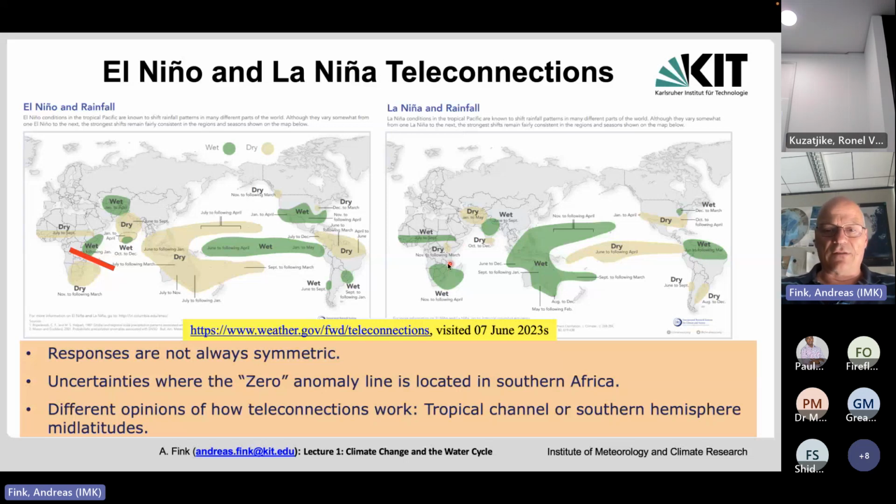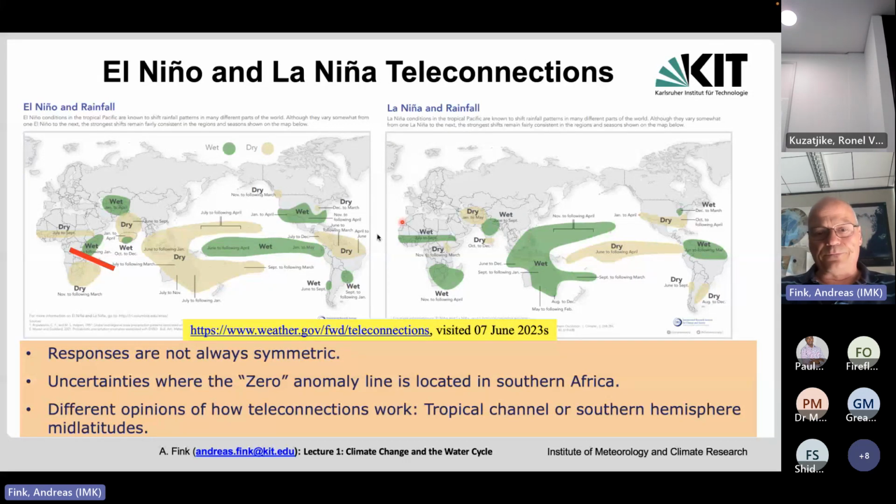In principle, it's wetter, but when you look at the patterns, they are not always symmetric, in the sense that when you go to La Niña, this same area is dry and this same area is wet. There is a difference.